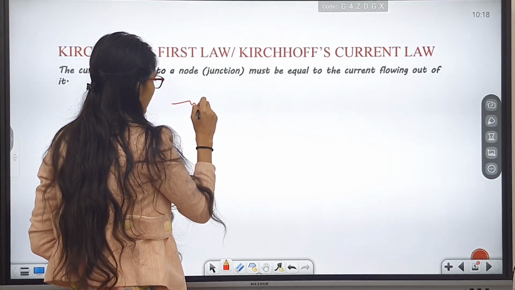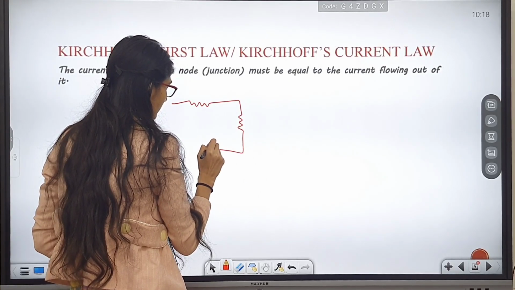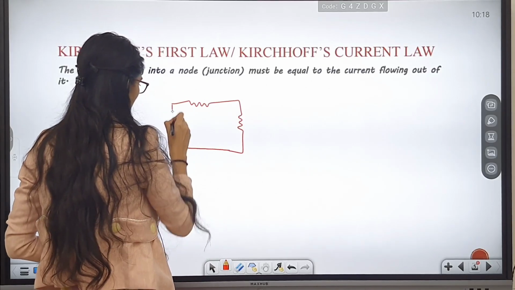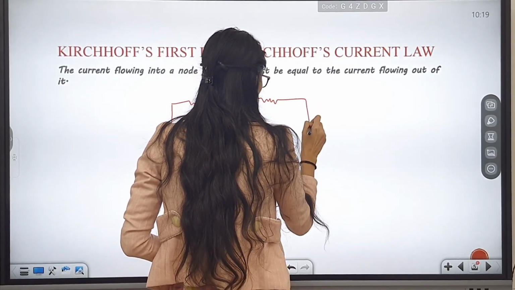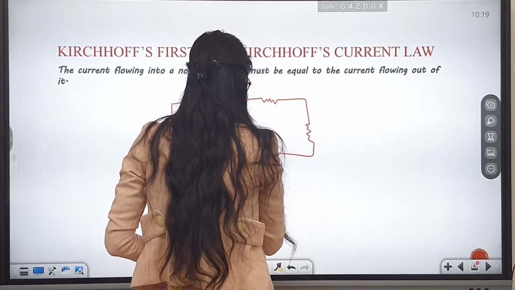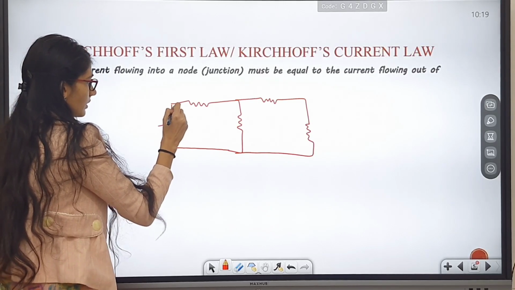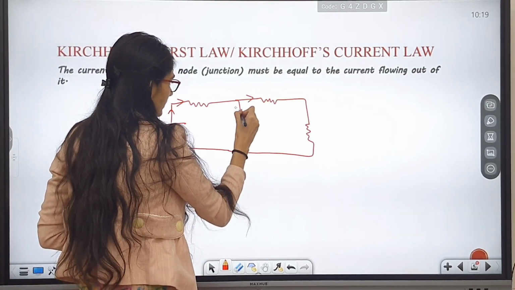Suppose you have a circuit like this. Take it like this, because we will solve a numerical related to this. Current flows through here, and here it will get divided.